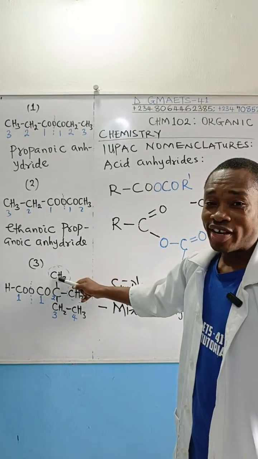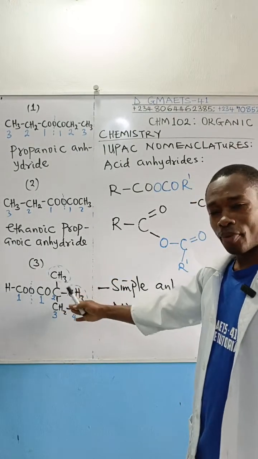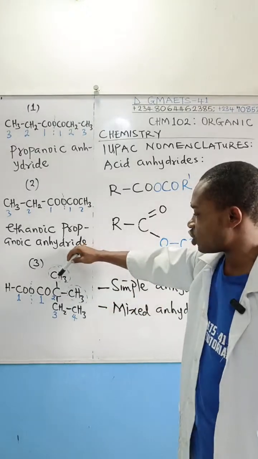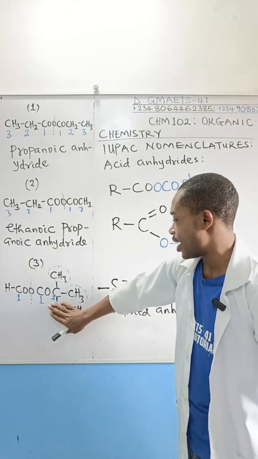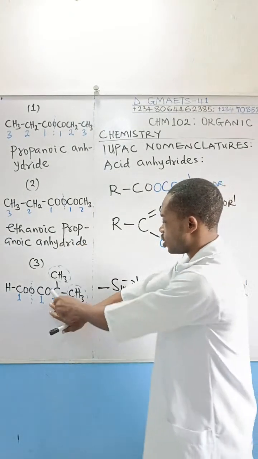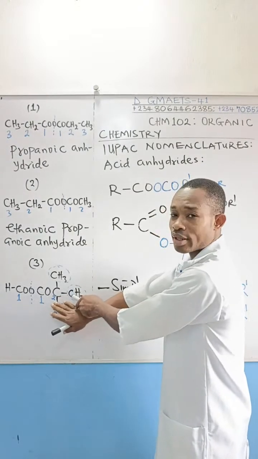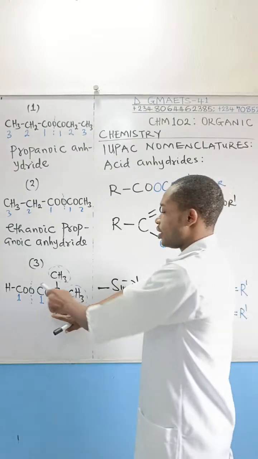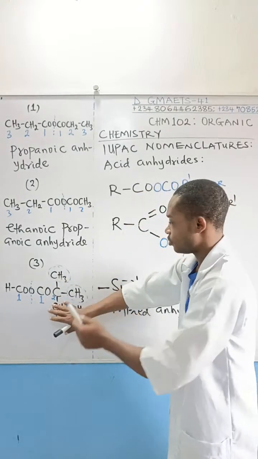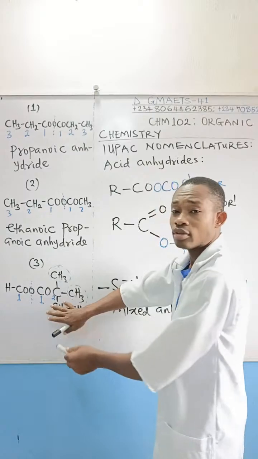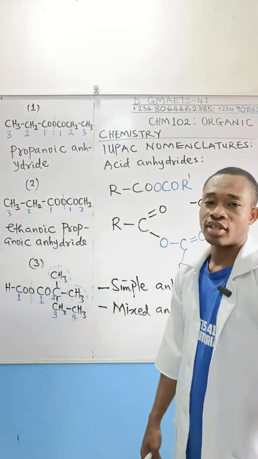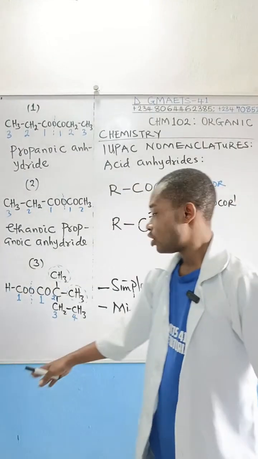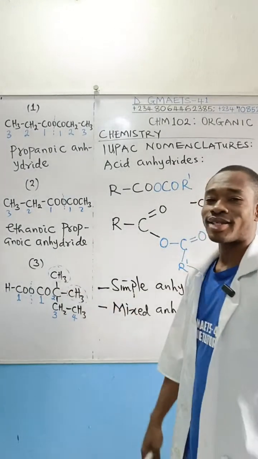Then you identify the attachment as you mention that propanoic part. Let's assume they have just this attachment. This guy is not there, this one is not there. So the longest chain is 1, 2, and 3. Are you following? 1, 2, and 3 with this attachment. So it's going to be ethanoic 2-methylpropanoic anhydride.